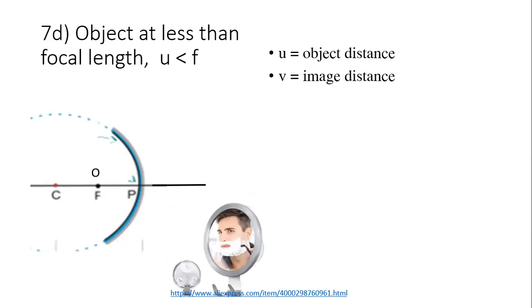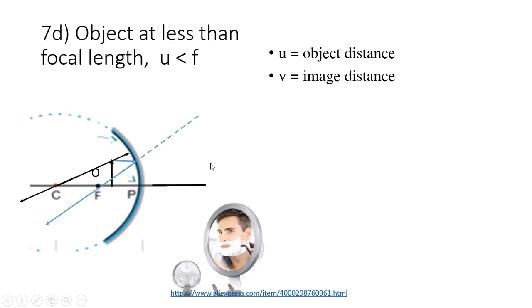This one, the object is less than F. There's your F, so the object is anywhere here, less than F. Same, parallel ray, after reflection will go through the focus. Then you have to produce it backwards, because if you don't, you won't get any image here. The ray going through the focus, after reflection, goes parallel.